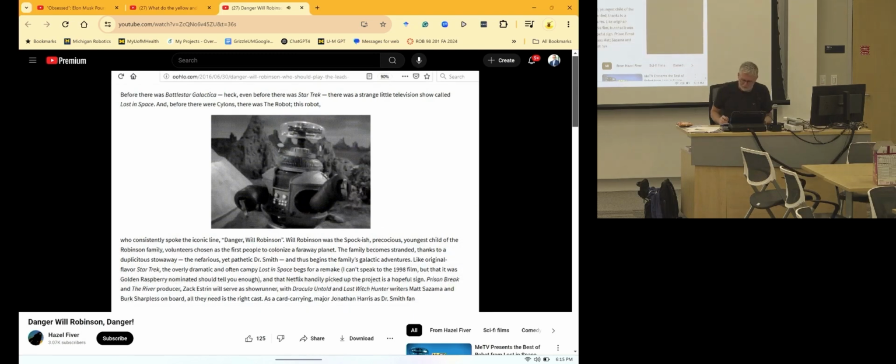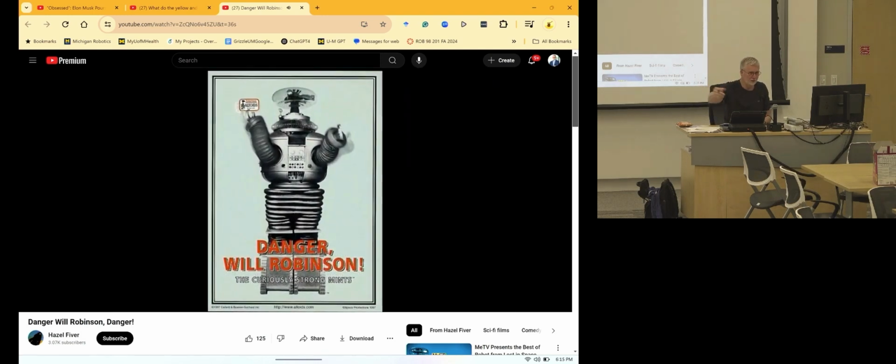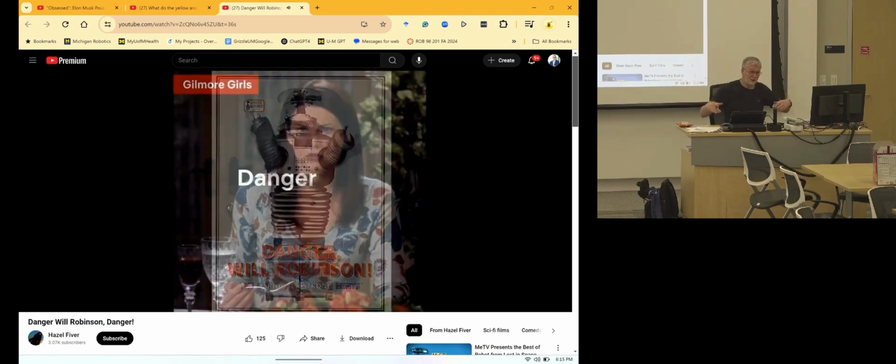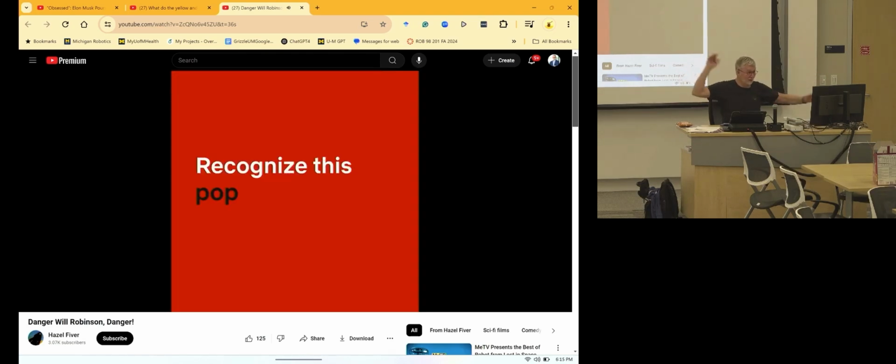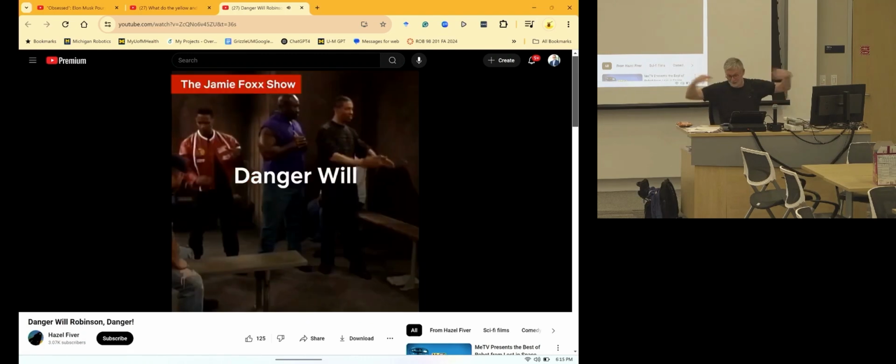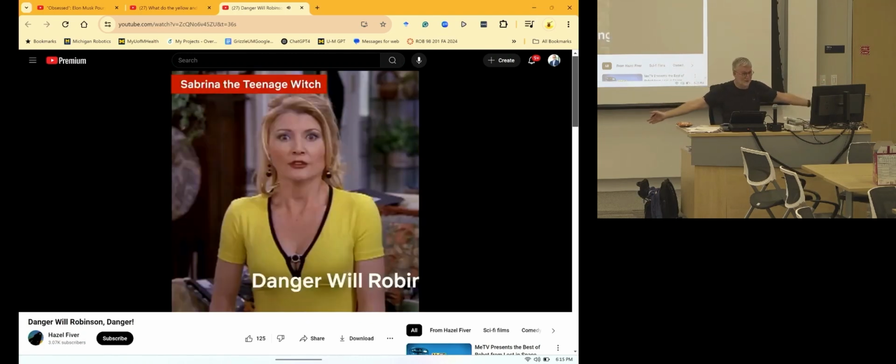So this robot was assigned to guard the little boy Will when the family Robinson was flying through space. And whenever something dangerous would come into the scene, it would start waving its arms around and going, danger, Will Robinson, danger.